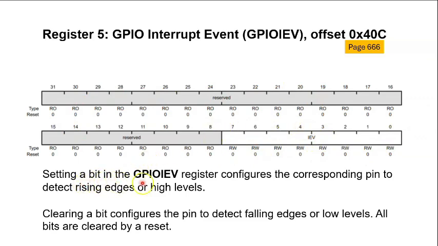So setting a bit in the GPIO IEV register configures the corresponding pin to detect rising edge or high levels. Clearing a bit, that means setting the bit to 0, configures the pin to detect falling edges, which is what we have done in our code. So all bits are cleared by a reset.